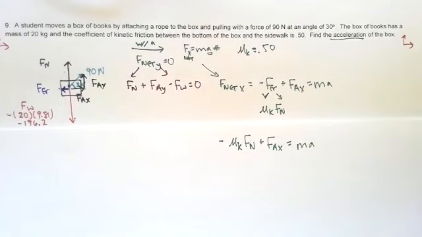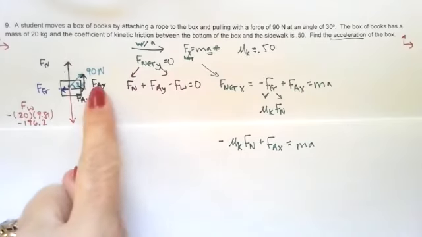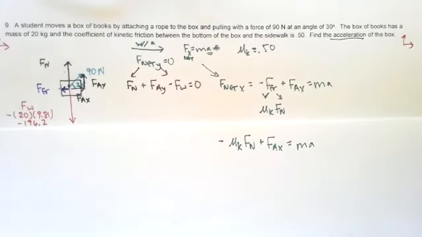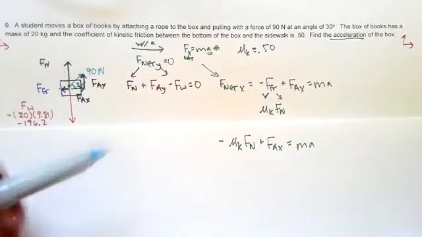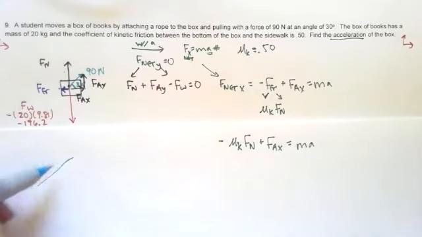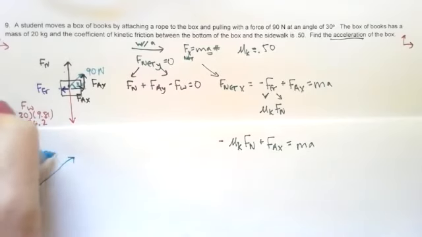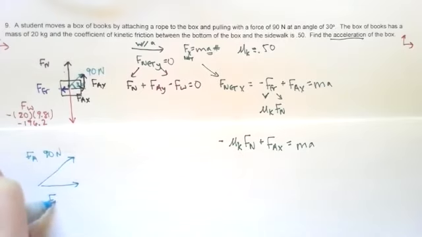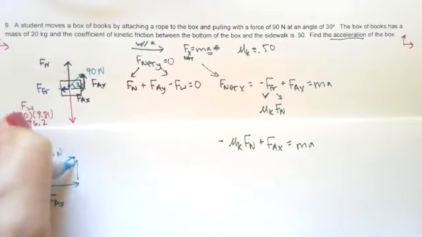Well, we've got to put some numbers here. The only vector I have any values for is this 196. So let's split out FA, and I'll redraw. FA is 90 newtons. So this is FAX. This is FAY.